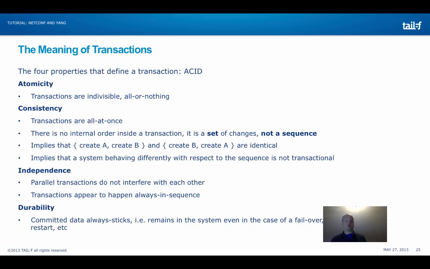Just to take an example, if you give an interface a name or a number, some of you listening in here might recall some interesting scenarios where you reboot the system and the ifIndex in the ifTable suddenly is renumbered. Or if you remove an interface and stick another interface in, and the interface numbers are renumbered. Configuration data as part of a transaction is persistent, it sticks.